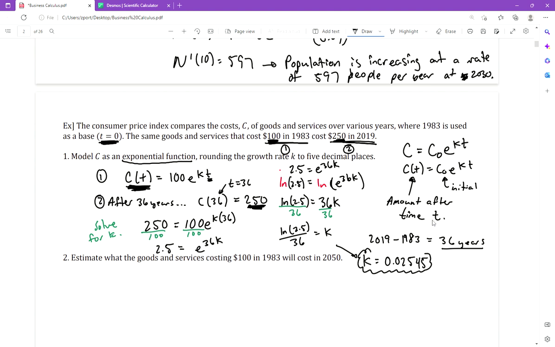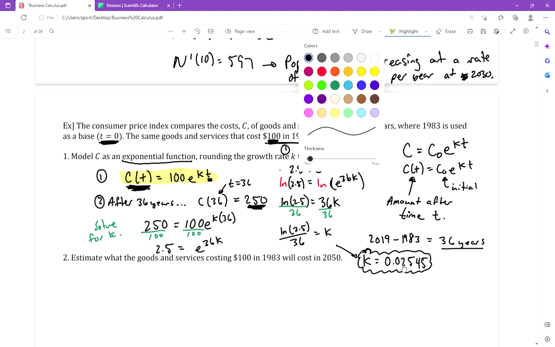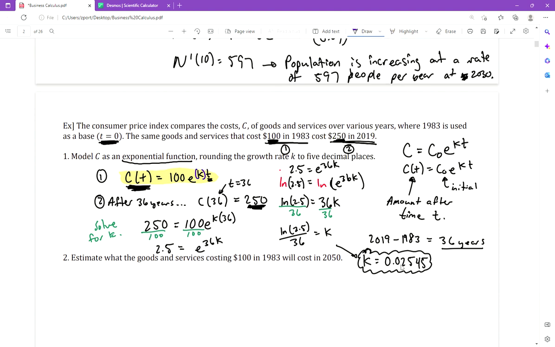So this first step took a lot more space than I thought, but I think we're okay still. I'm going to cloud that. And then now what we do is we go back to this equation that we first wrote based on the information in the problem, and we just change the k. So we're going to change that k there into this actual number.